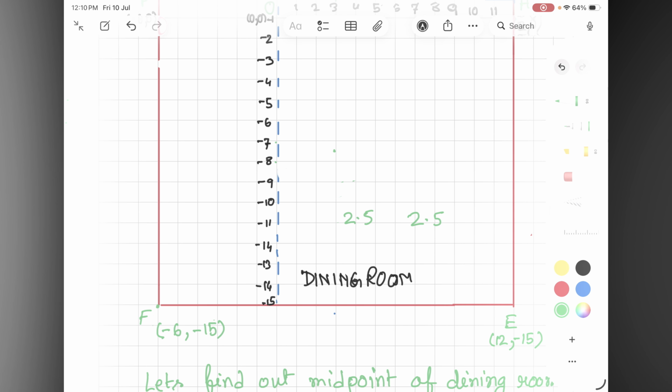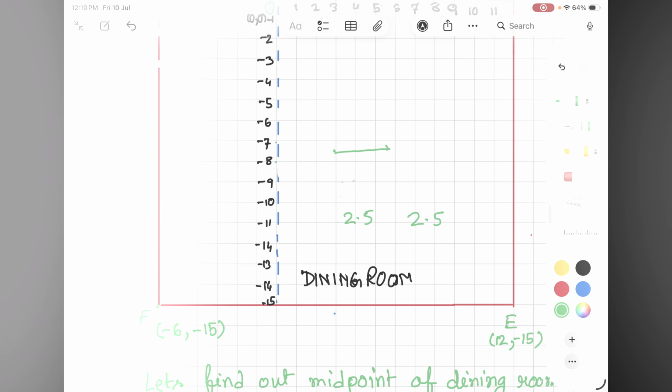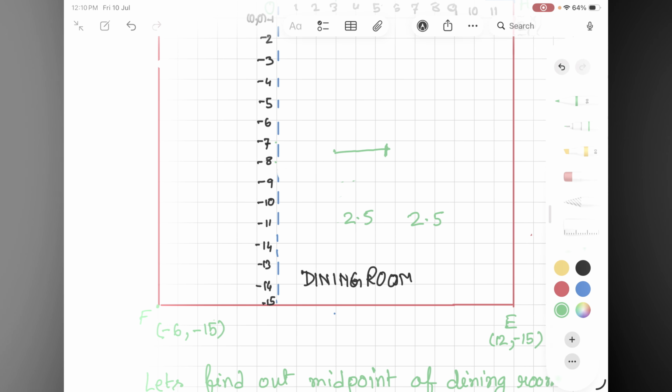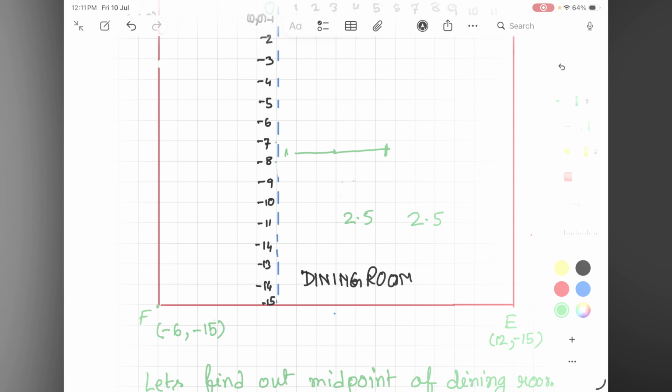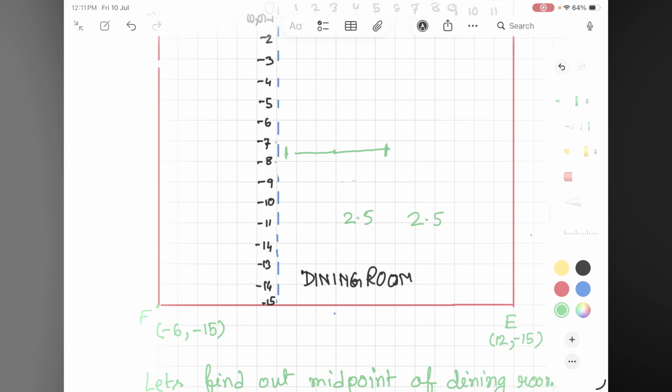So 2.5 means on the right side 1 unit, 2 units and half. Similarly, on the opposite side also 1 unit, 2 units and half. So this way we can measure the length.